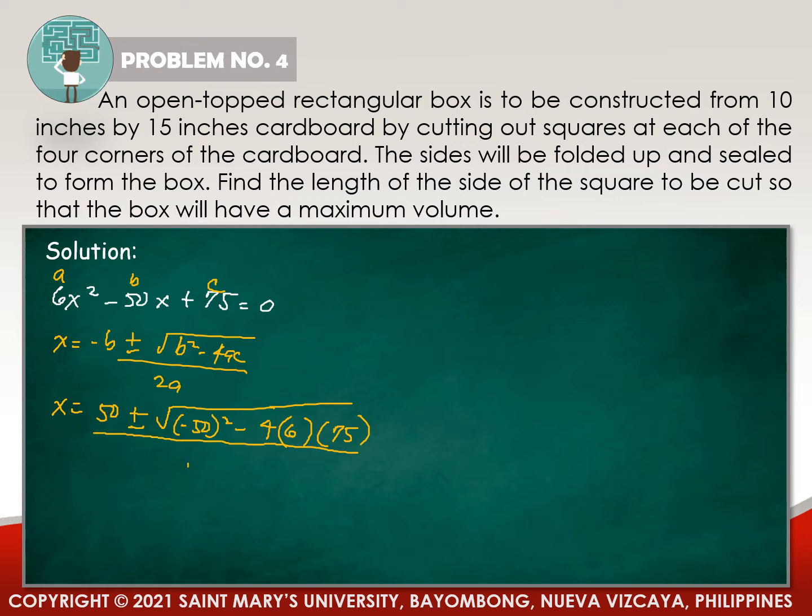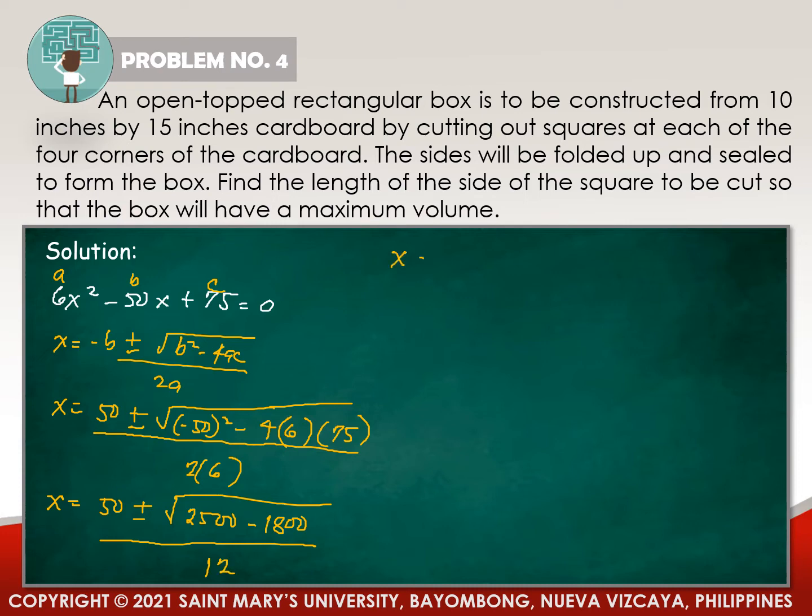All over 2 times 6. So x is equal to 50 plus or minus square root of negative 50 squared is 2,500 minus 4 times 6 times 75 is equal to 1/8, all over 2 times 6, 12.